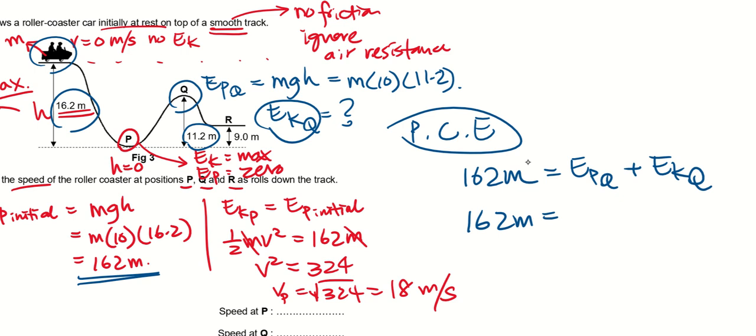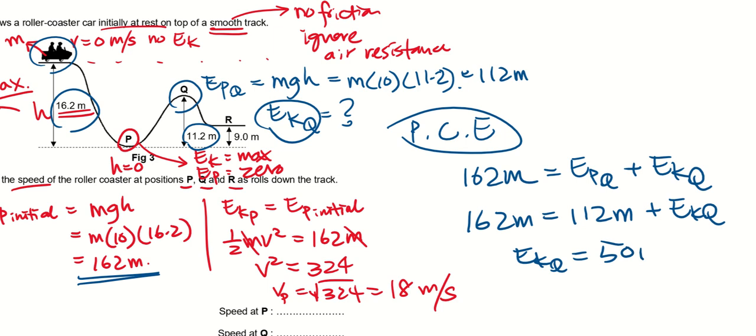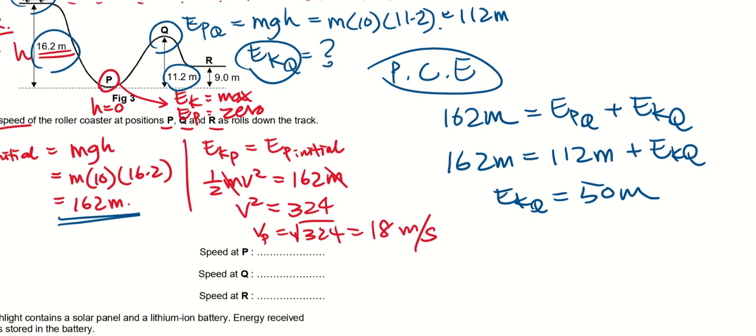Alright, so I've already calculated EPQ. EPQ is actually 112 m, right? But I don't know what is EKQ. So now I do my math. EKQ is actually equals to 50 m. Now what is the formula for EKQ? It's half m v square, and this v is the velocity at Q, equals to 50 m.